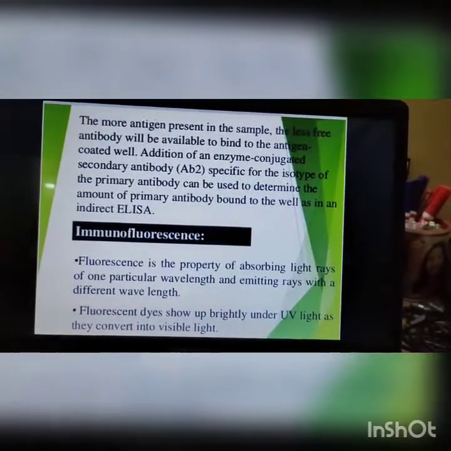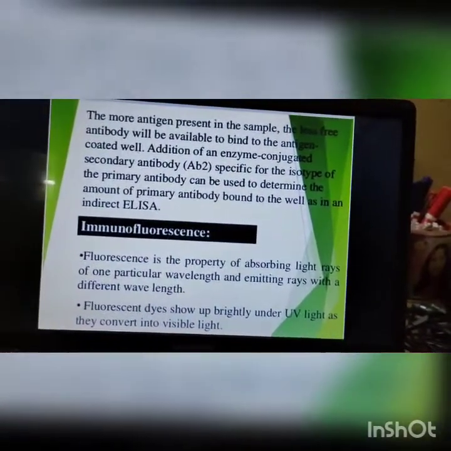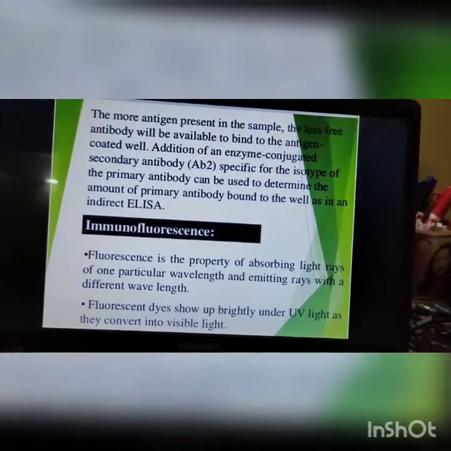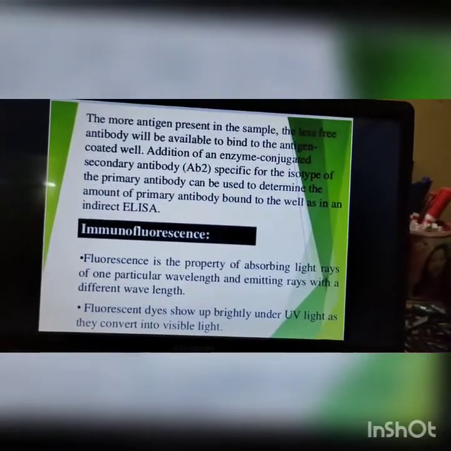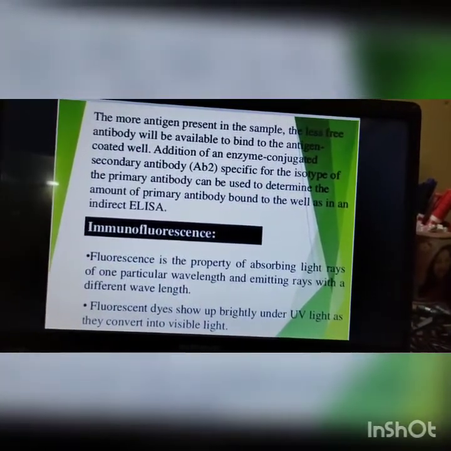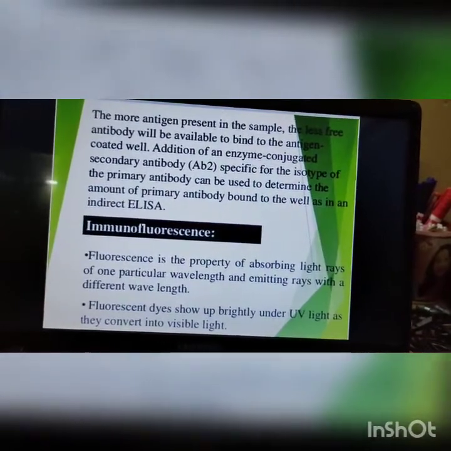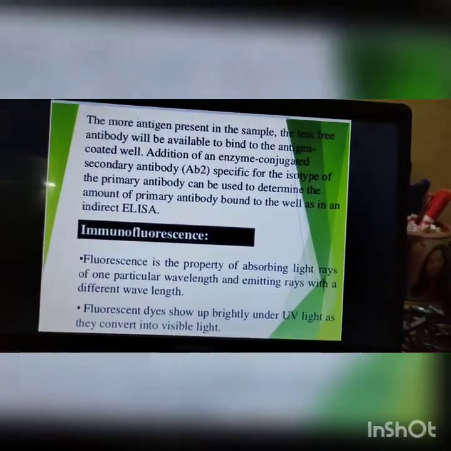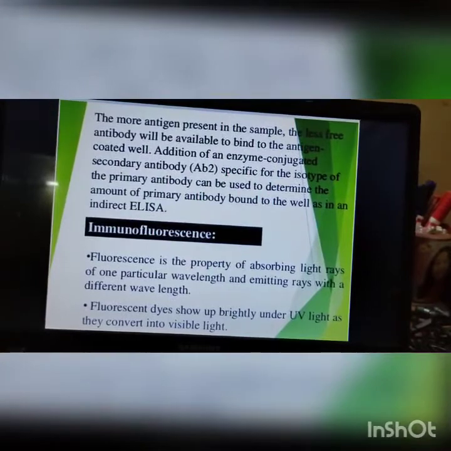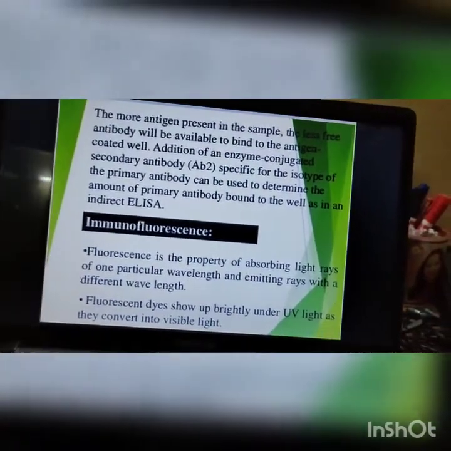The more antigen present in the sample, the less free antibody is available to bind to the antigen-coated well. Then an enzyme-conjugated secondary antibody specific for the isotype of the primary antibody is added, and that can be used to determine the primary antibody bound to the well, as in an indirect ELISA.